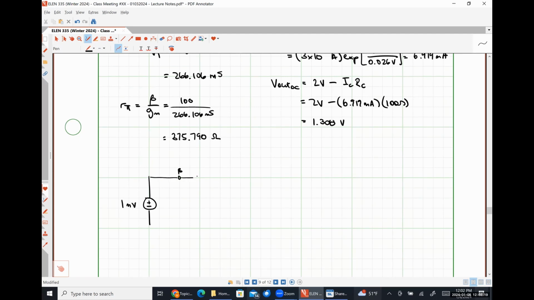Here's our base. Here's our r pi, gm v pi.